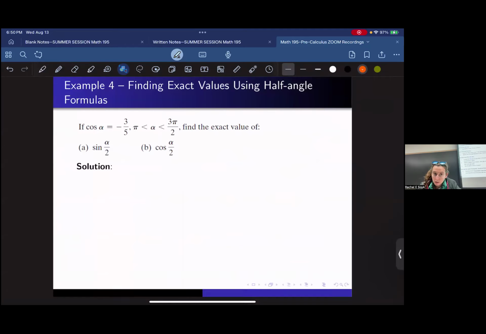Let's do another example together. So we're doing half angles for both cases. Again, sine of alpha over 2 is the square root of 1 minus cosine alpha all over 2.